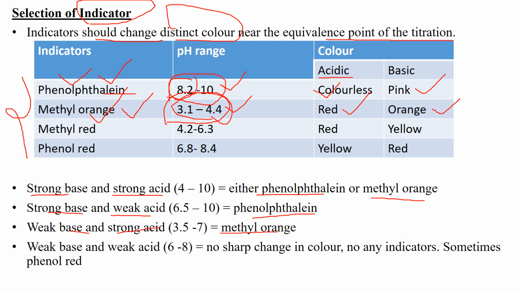And in the case of a weak base and weak acid, there is no sharp change in color at the equivalence point, so no indicators are available. In some cases, phenol red is used as the indicator. So 4 to 10 pH and 6.5 to 10 here. This 4 to 10 means that in the pH range of 4 to 10, a sharp steep line is obtained in the titration curve. I will explain the titration curve.